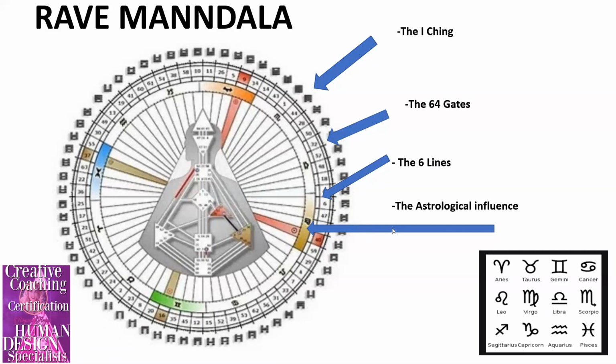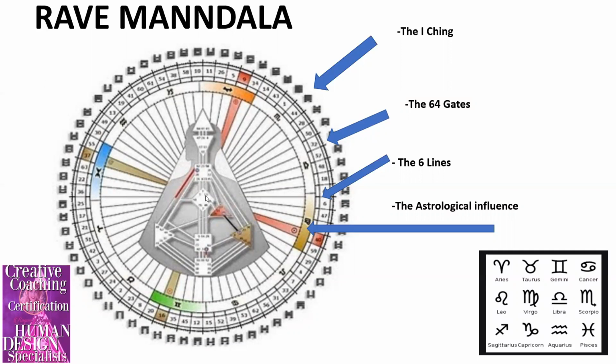And then you can see the astrological influences, which also color one of the gates. And then you can see how it creates a line, which is a hanging gate off of one of the hexagrams, which then shows up on your body graph. Okay, so this is kind of how Ra put all of this together.